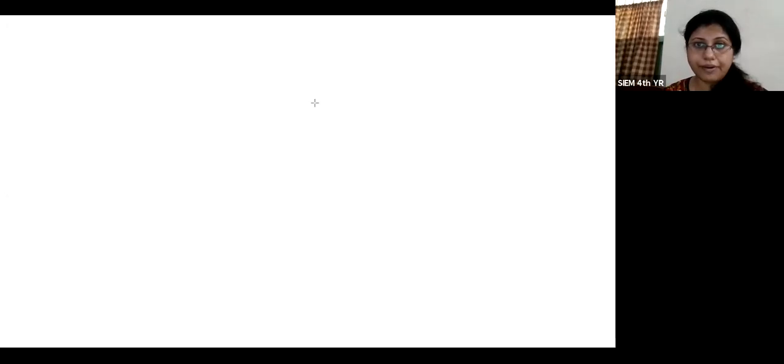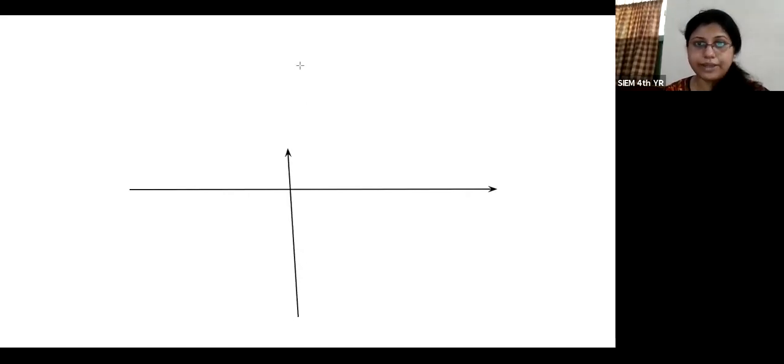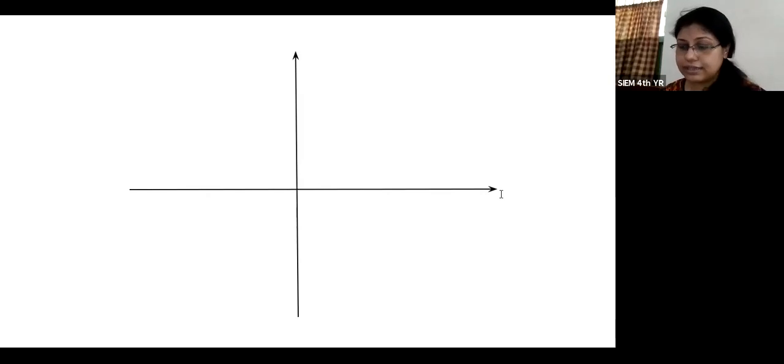So, this one is the x-axis. This one is the y-axis. In the x-axis, which parameter do we consider? That is torque.